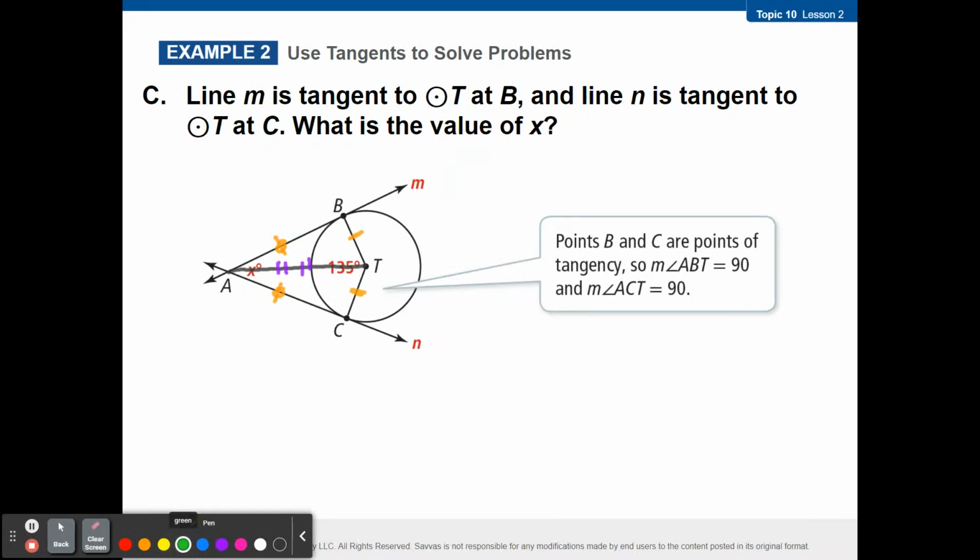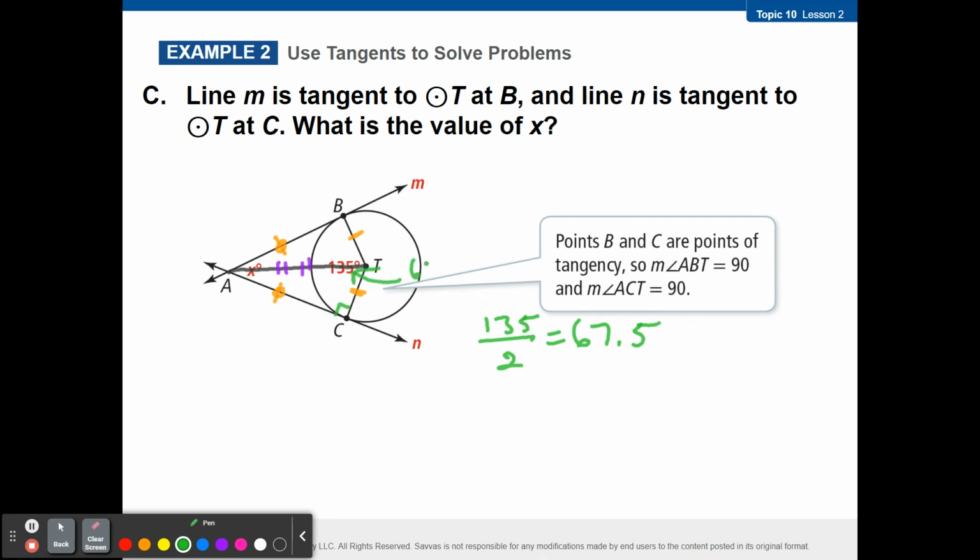All right, so since everything's congruent, we're going to take that 135 and divide it by 2 because it is getting split in half. Someone tell me, what's 135 divided by 2? 67.5. Nice job, 67.5. You should be proud of yourself. You got it right. All right, so we know this is 90.